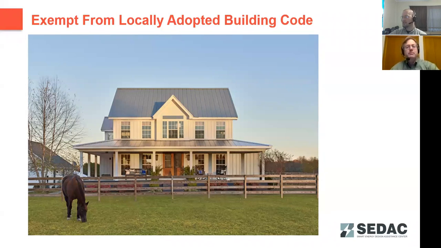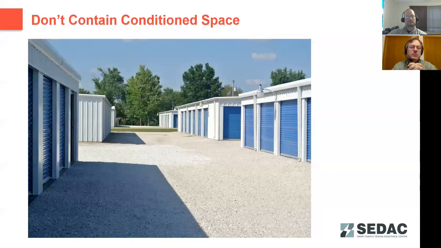Primarily, this affects agricultural facilities. But anytime a permit is pulled, that's going to trigger compliance with the Illinois Conservation Code. If you don't have to pull a permit, then that doesn't trigger. And so those buildings would be exempt from having to meet the code envelope compliance portion.